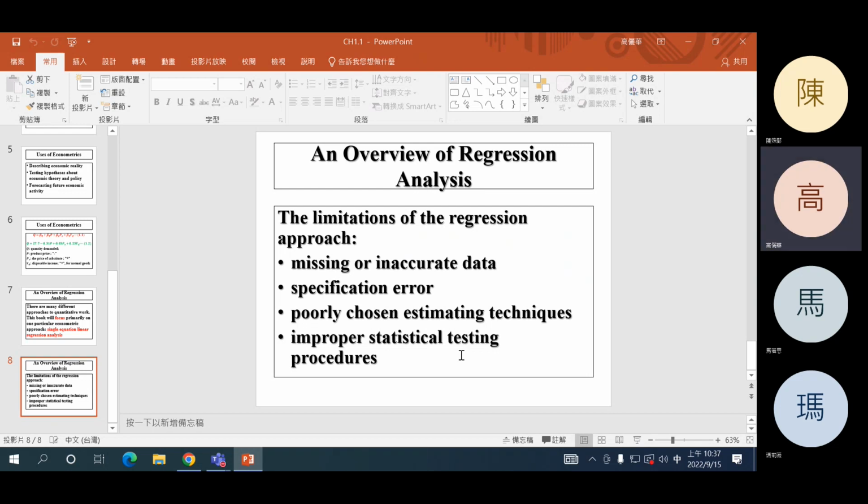So the data itself, the model itself, the estimating techniques, as well as the hypothesis testing procedure are the four areas that help us avoid the limitations of regression, and also help us understand how to do this regression analysis better than what we expect.